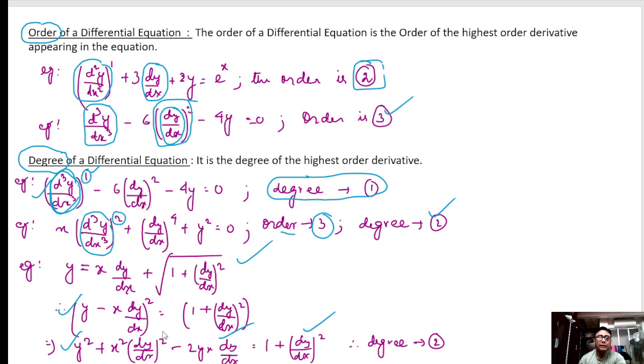Now we see that the maximum number of times we have differentiated is only 1 time, and its power is 2. So the degree is 2 and the order is 1. Order is the maximum number of times you have differentiated, which is only 1 time, and the degree is the power of that highest derivative, which is 2.